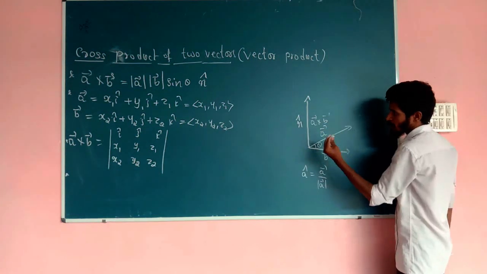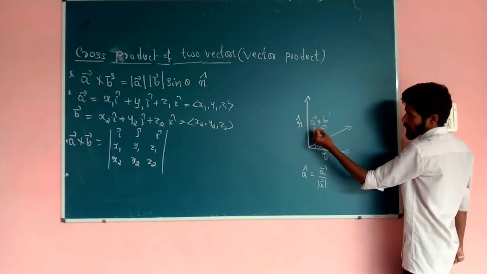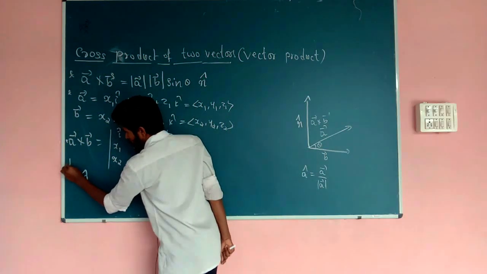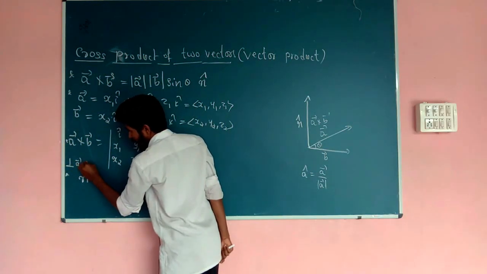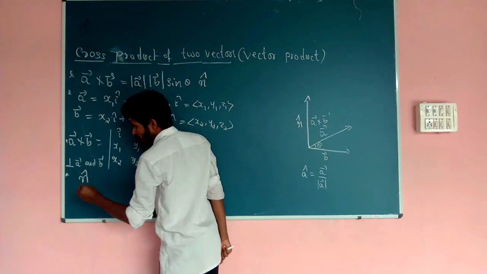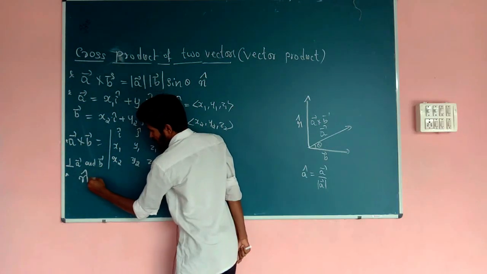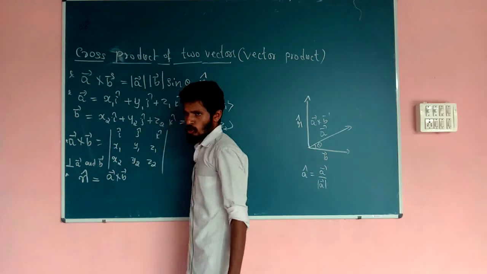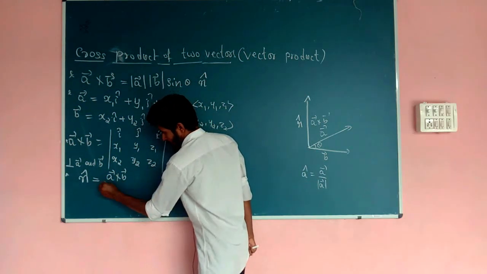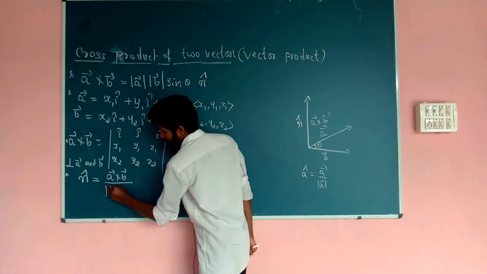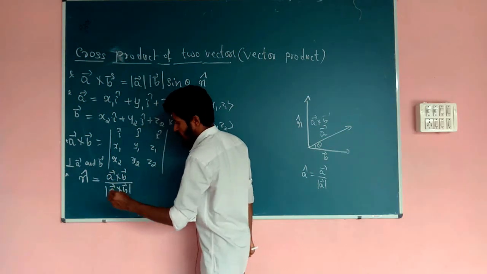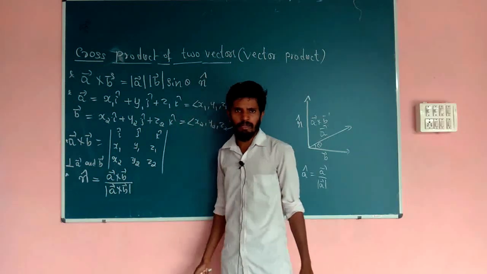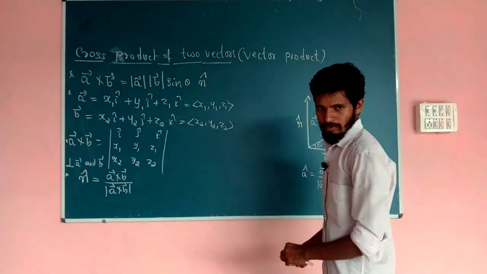Therefore, n cap is the unit vector perpendicular to both vector A and vector B. First find the cross product of the two vectors, A cross B, divided by its magnitude. n cap is equal to A cross B divided by magnitude of A cross B.